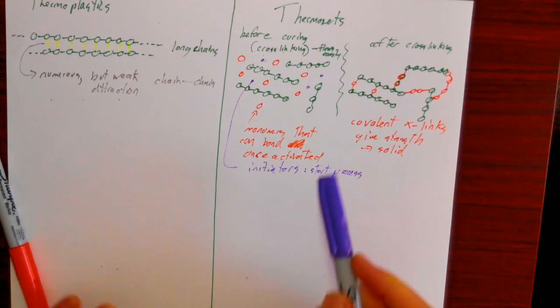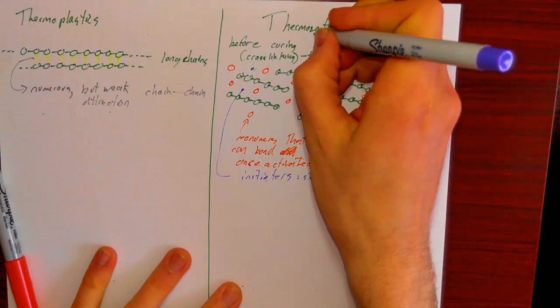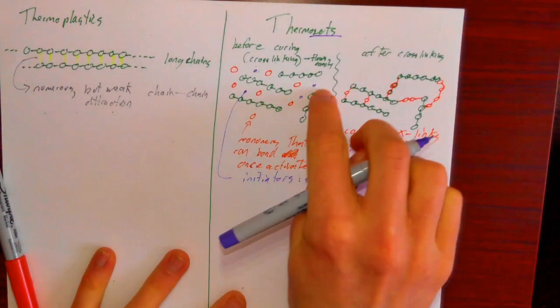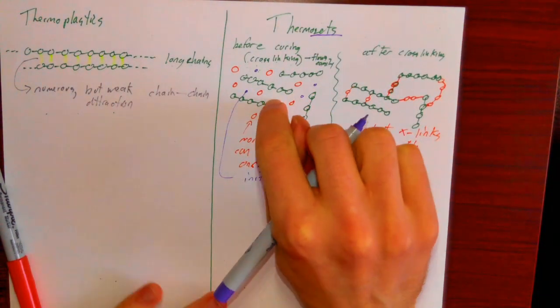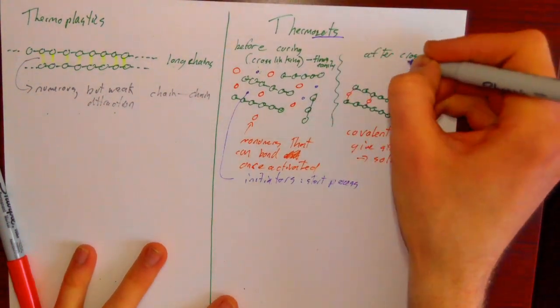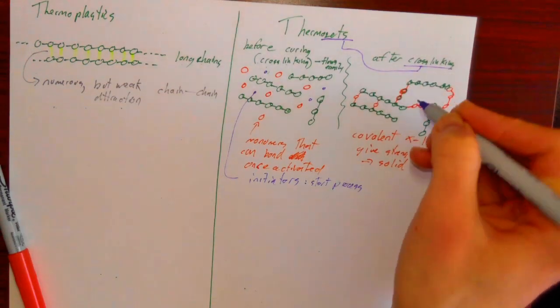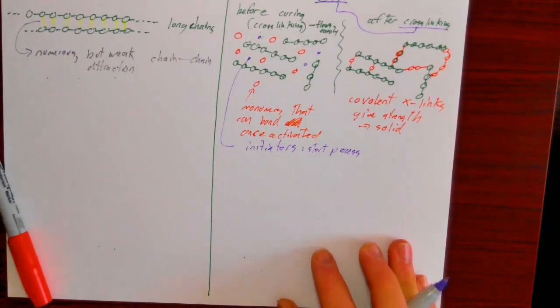Now, why is this called a thermoset? Well, this idea of setting is basically these initiators activate the monomers, which then cross-link here. So this set is basically this cross-linking process. Once a thermoset is set, it's locked in place.